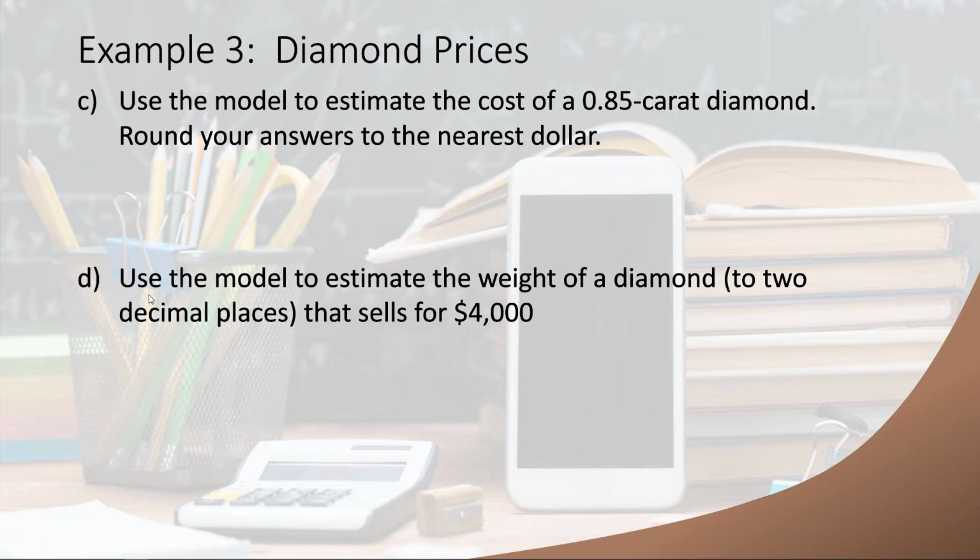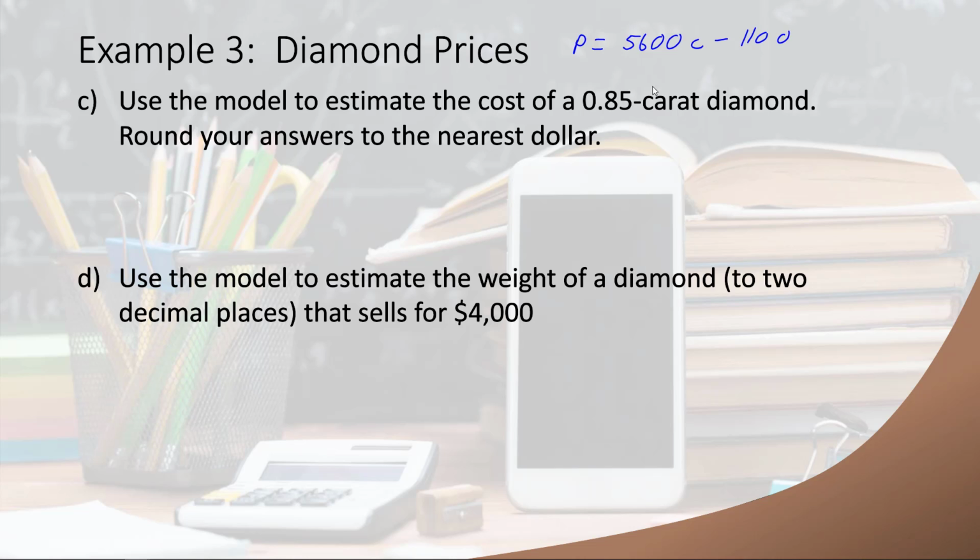Okay, two more things for this problem. Now we want to use the model to estimate the cost of a 0.85 carat diamond. Now remember, the model is that the price is equal to 5,600 times the weight in carats minus 1100.